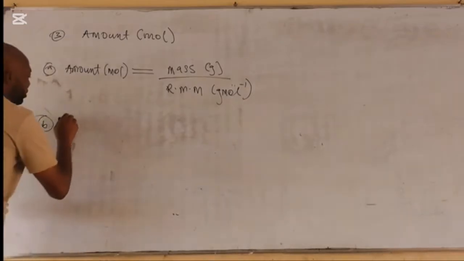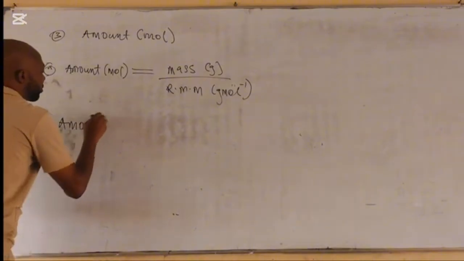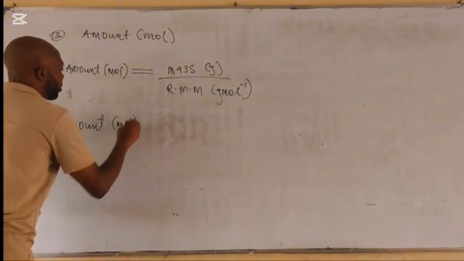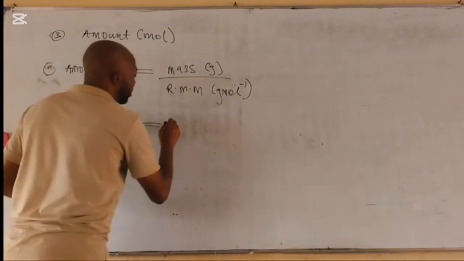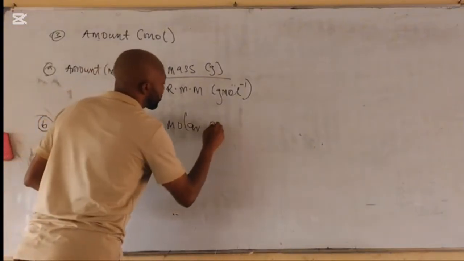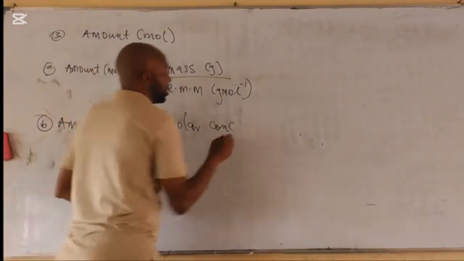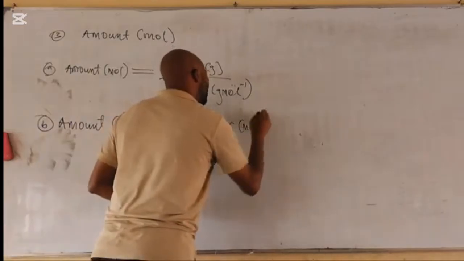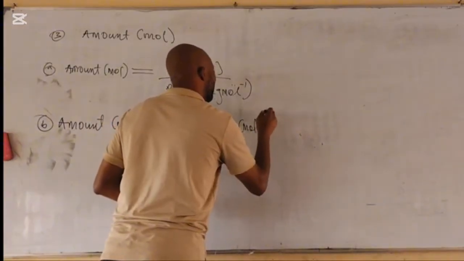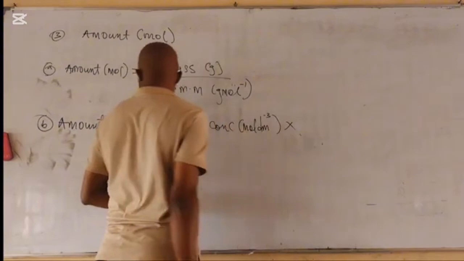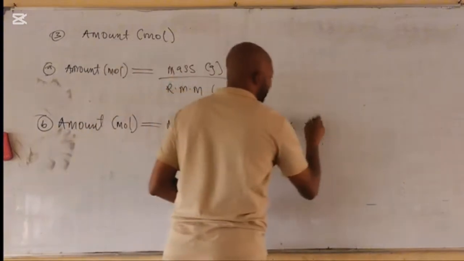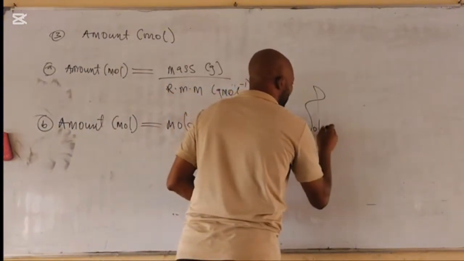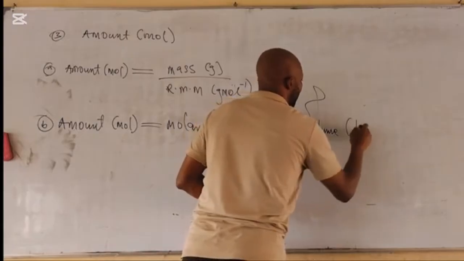B, amount in mole is equal to molar concentration in mole per dm cube times volume in dm cube.